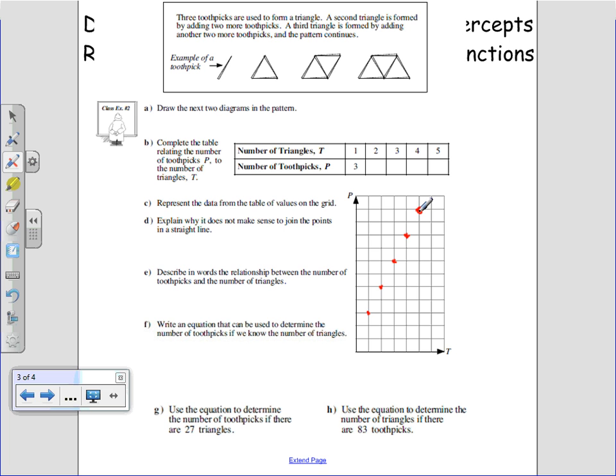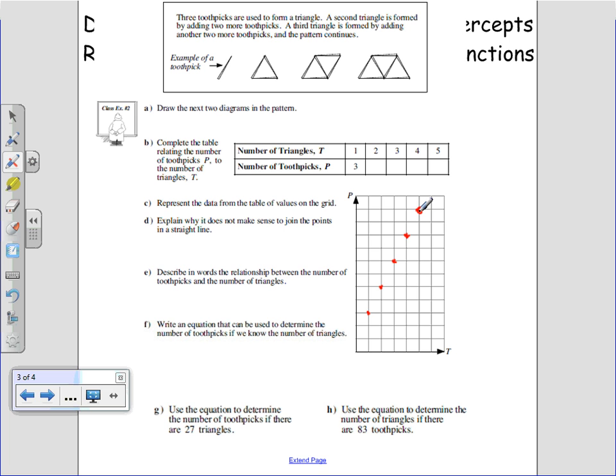F, write an equation that can be used to determine the number of toothpicks if we know the number of triangles. This is when it gets a little bit hard, guys. You're going to have to take data and write out a mathematical equation.